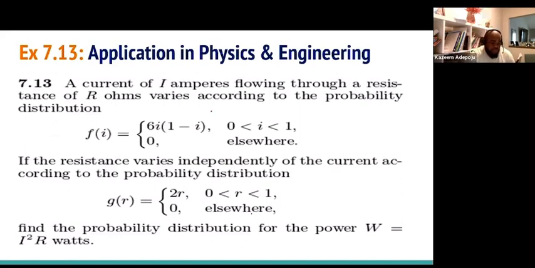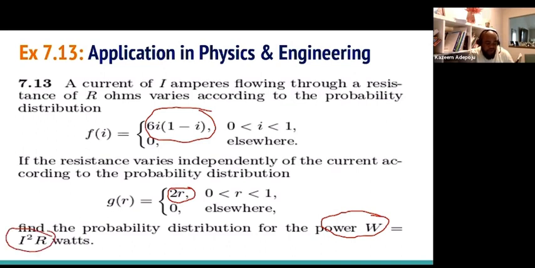If the current has a probability distribution and the resistance has a probability distribution, and we want to define a new variable called power, which is a combination of current and resistance, this is going to be an example of a two by two, two-variable case, and you need to create an artificial variable here. The artificial variable is going to be R, and we basically set up the Jacobian matrix.